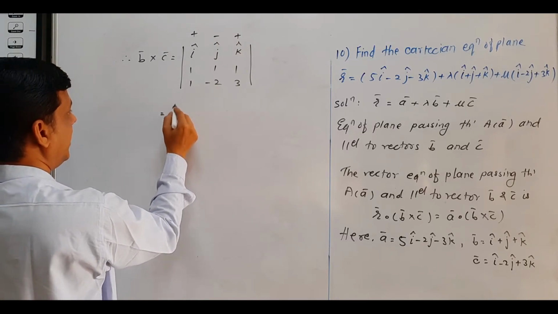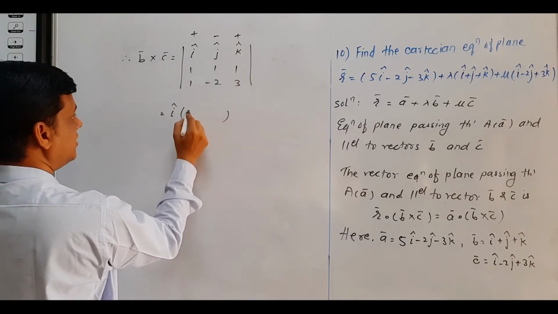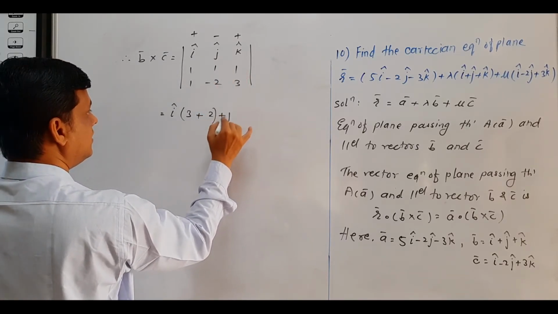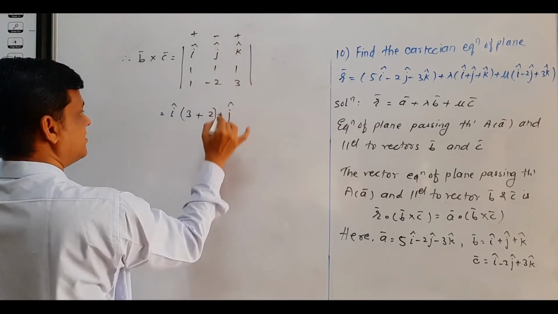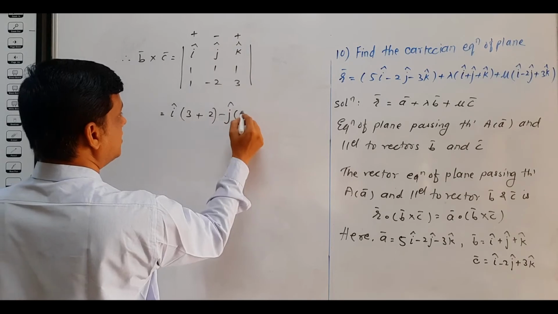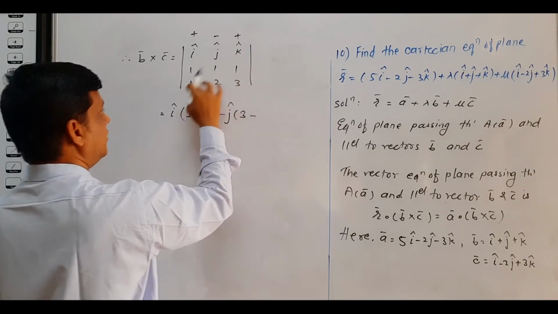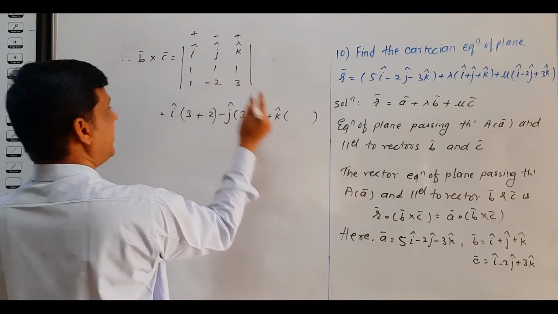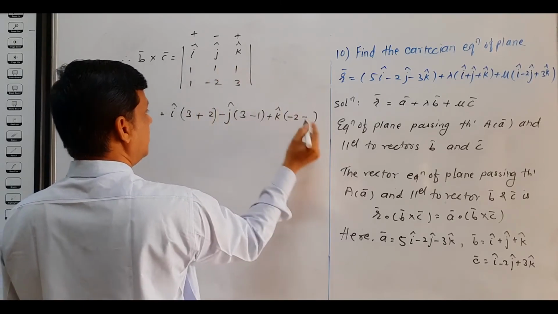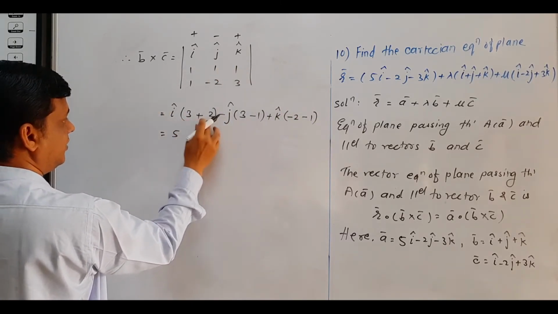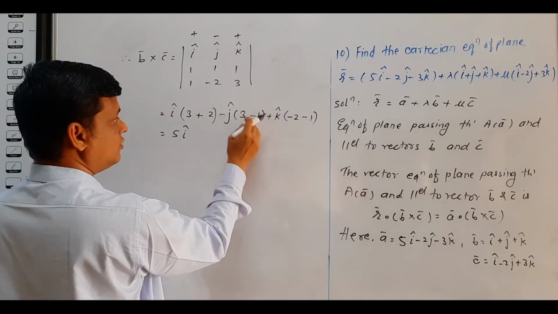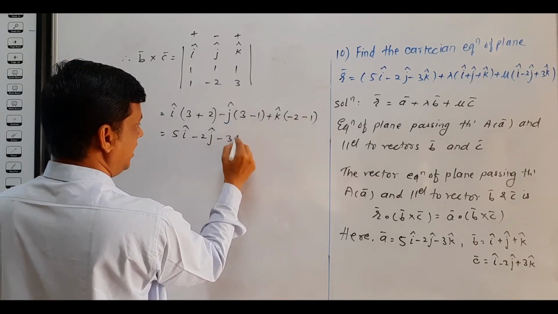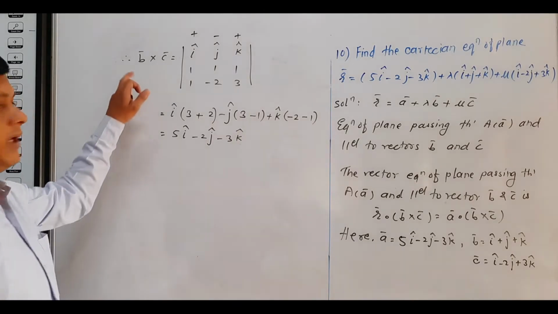So we get here i cap in bracket 1 into 3 is 3, minus minus gets plus, 2 into 1 is 2, plus, here minus j cap in bracket 1 into 3 is 3 minus 1 into 1 is 1, 3 minus 1, plus k cap in bracket 1 into minus 2 is minus 2 minus 1 into 1 is 1. So we write here 3 plus 2 is 5, so 5i, 3 minus 1 is 2, so we get minus 2j, minus 2 minus 1 is minus 3, so we get minus 3k. This is the value of B bar cross C bar.